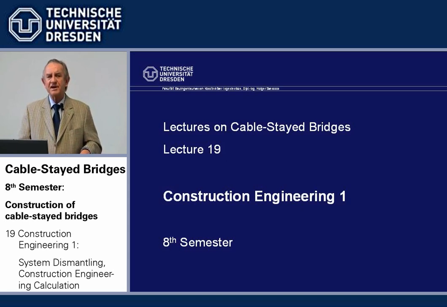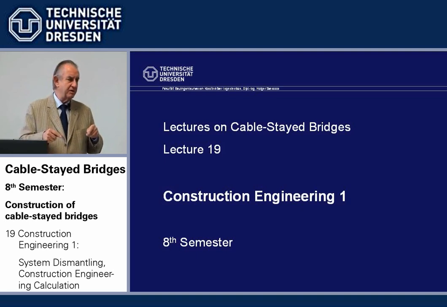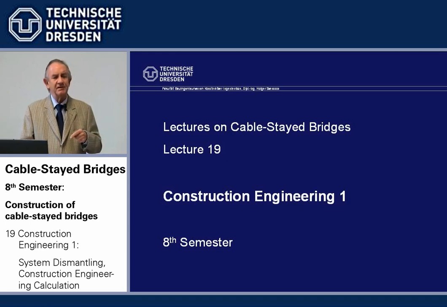Now, the construction engineering cannot be done with those simple methods we have looked into for the final stage to do a preliminary design. Of course, we can do some preliminary checks by rule of thumb, but the construction engineering has to be done with a computer system.